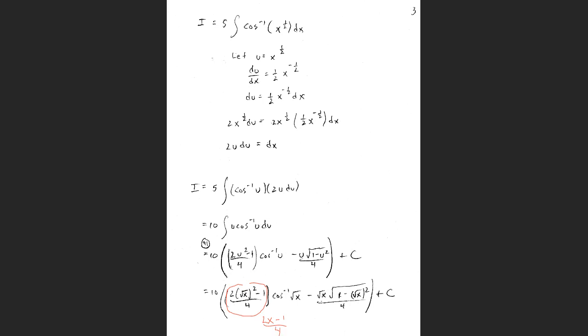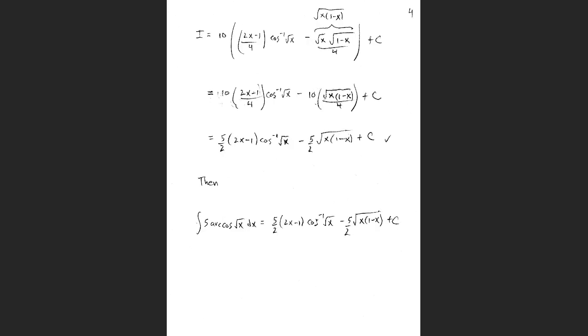And then this here is just going to be 1 minus x inside. So that's fine. That gets us here. And I can even do a little more simplifying if I wanted. For instance, 10 and 4 reduces to 5 over 2.